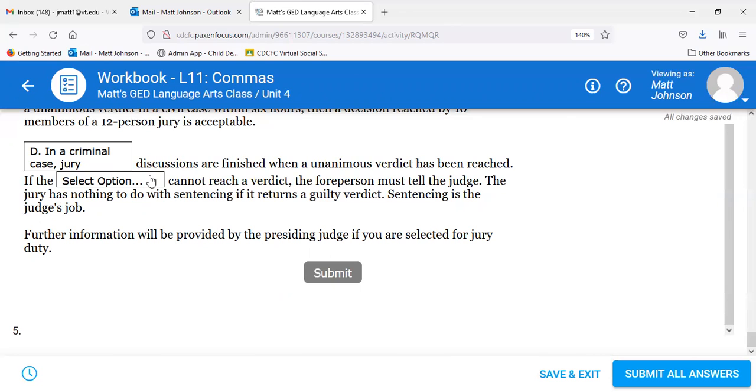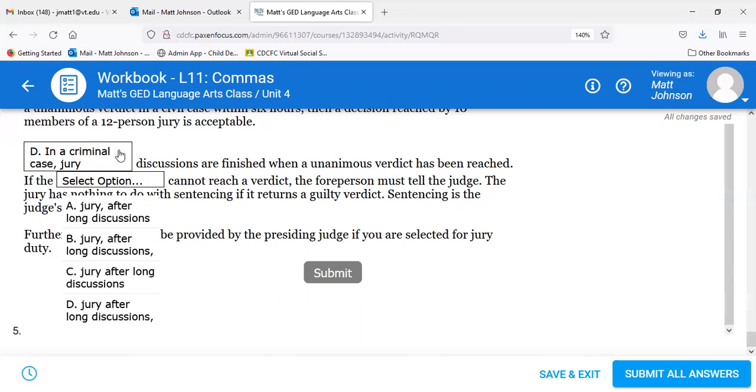And finally, if the jury, after long discussions, cannot reach a verdict, the foreperson must tell the judge. What do we do here?